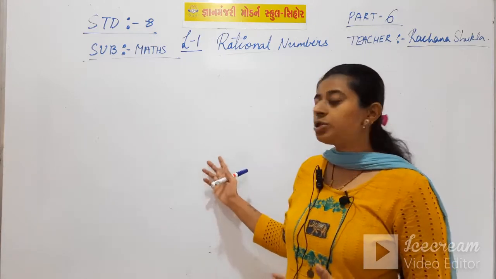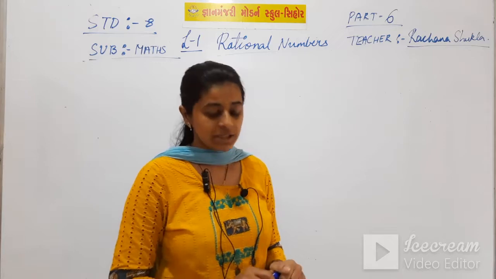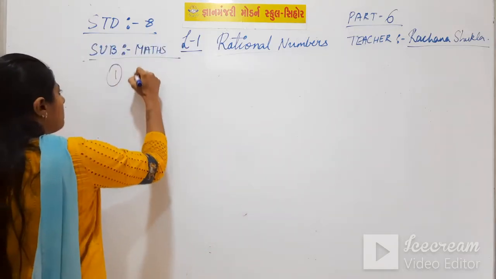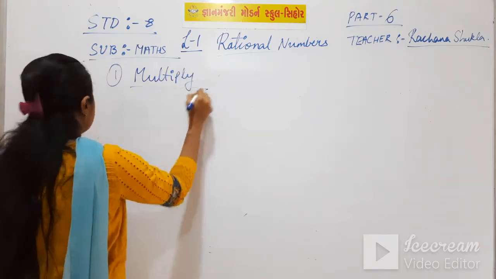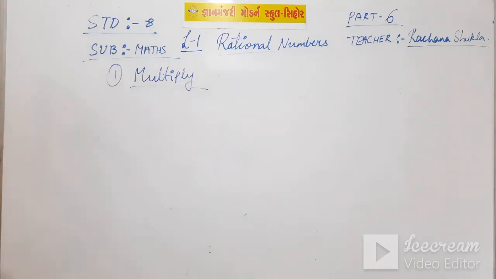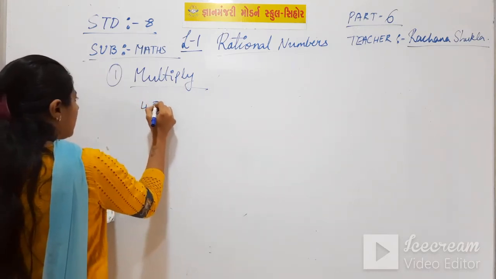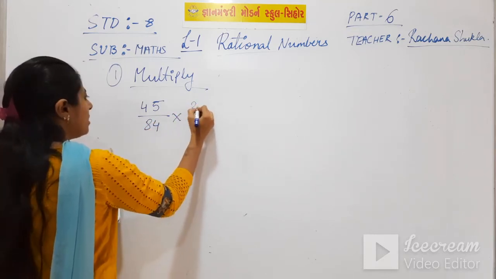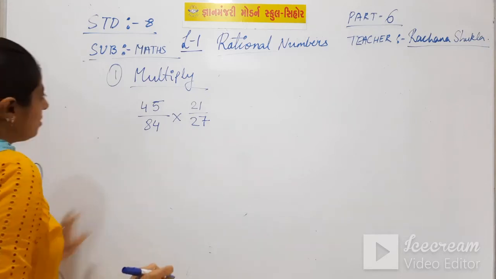So, I will show you two sums on how to solve the multiplication of rational numbers. Number 1, multiply. Your question is 45 upon 84 into 21 upon 27.